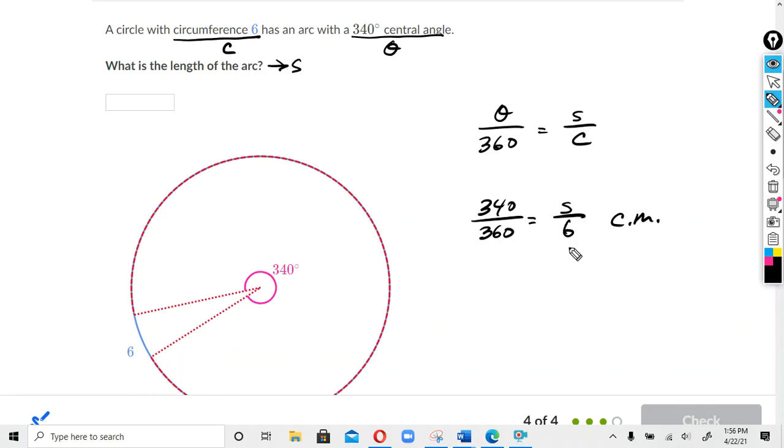Just cross multiply. In order to solve for S, we divide both sides by 360. And on the right, the 360s cancel. 340 times 6 divided by 360.